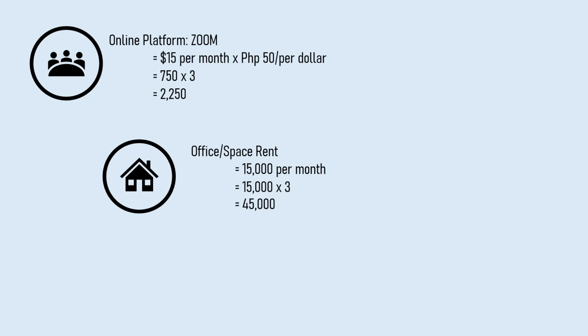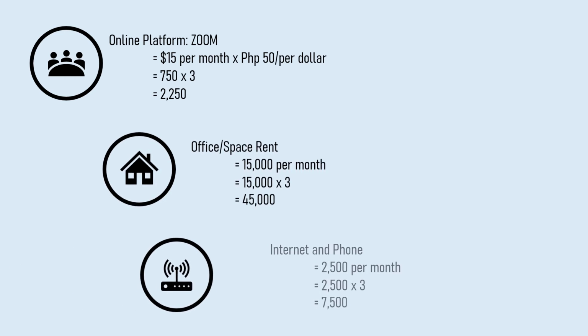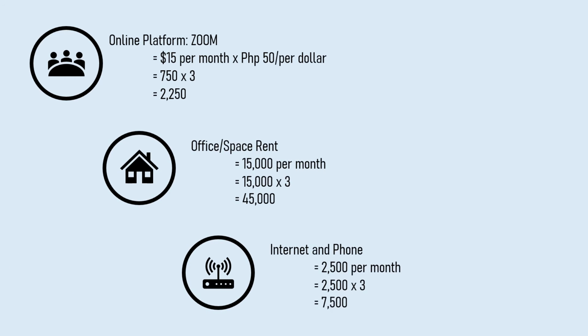For the office or space rent, there is a fixed payment of 15,000 per month. We multiply this amount by 3 to derive 45,000 as the total quarterly amount. And lastly, for internet and phone, there is a fixed subscription of 2,500 per month, to which we multiply by 3 and get 7,500 for the quarterly amount.